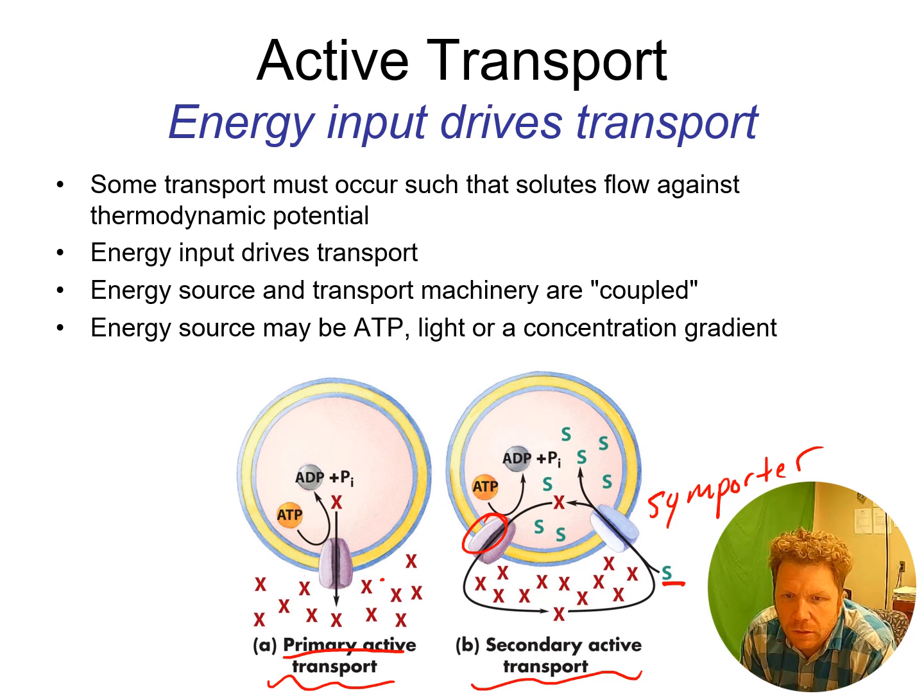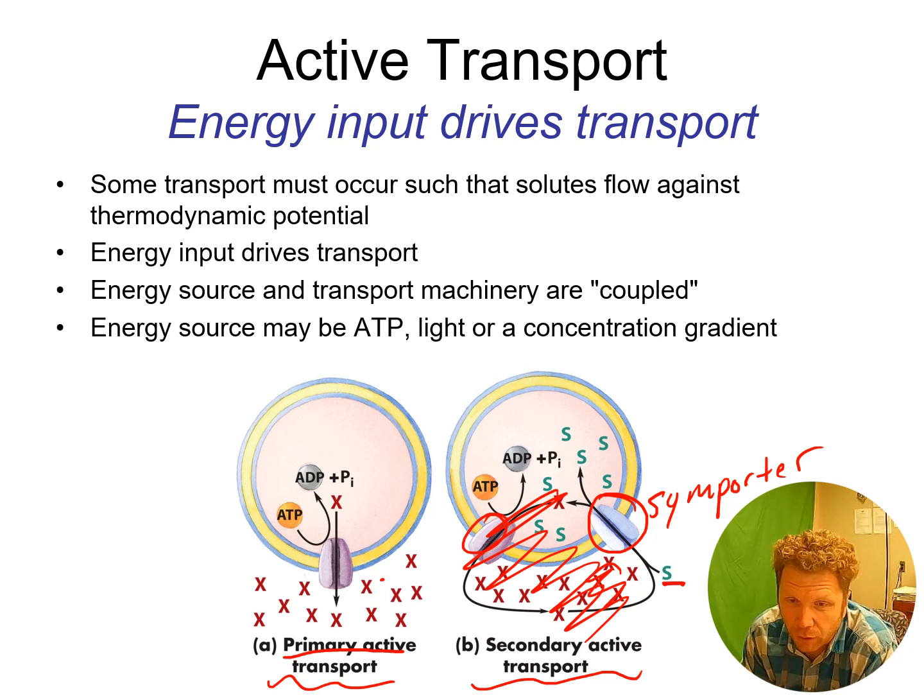And so if X was absent, so we removed all of this, then the only way to get S across the membrane is to use a primary active transport protein, or it simply wouldn't move across the membrane.